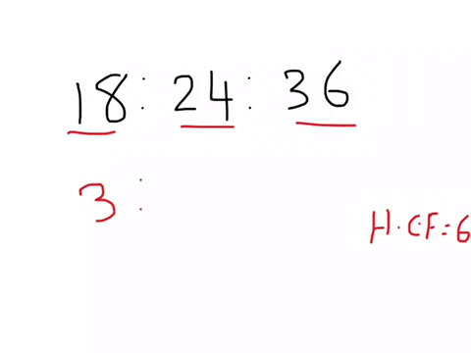Looking at my factors, I can see that 6 is my highest common factor. So I divide every single number by 6. 18 divided by 6 gives me 3, 24 divided by 6 gives me 4, and 36 divided by 6 is 6. So my simplified ratio is 3 to 4 to 6, or 3 is to 4 is to 6.